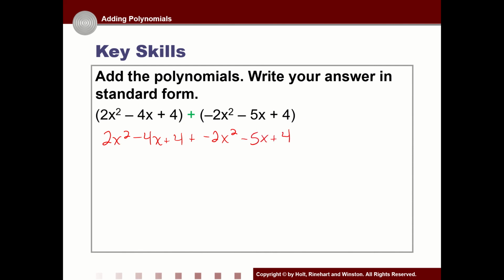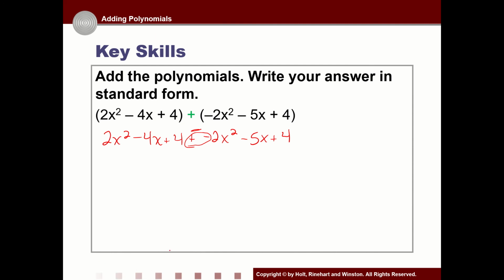Now you'll see I wrote this, I brought the plus and then wrote the negative, but it's better to not have double signs that are going to get confusing and just make that minus 2x squared. Plus negative is the same thing as minus.